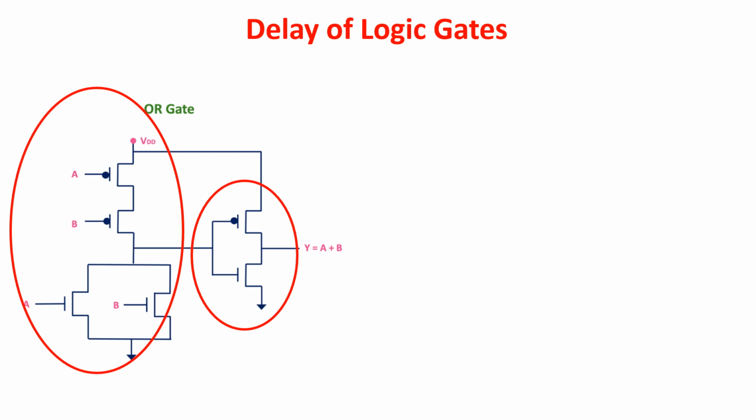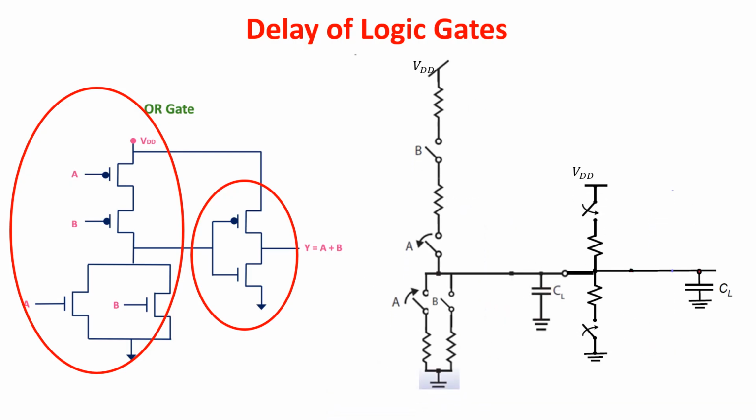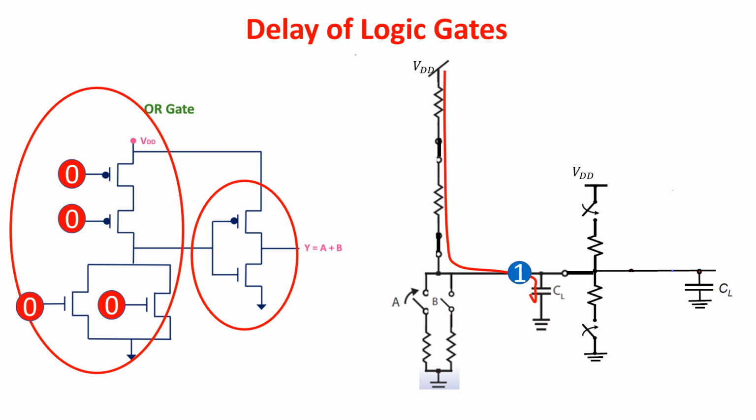When the transistor acts as a closed circuit, it can be represented by a resistor, so the OR gate can be represented by this circuit. The slowest path is when both A and B are at a logic 0. In this case, the PMOSes are closed circuits and the NMOSes are open circuits, so a current is created from the voltage VDD for charging this capacitor and a logic 1 appears here at the input of the inverter.